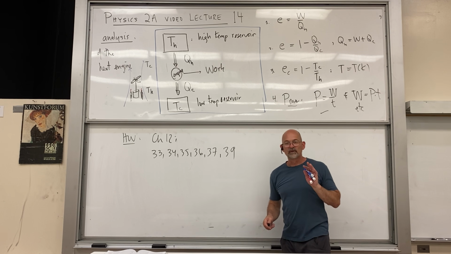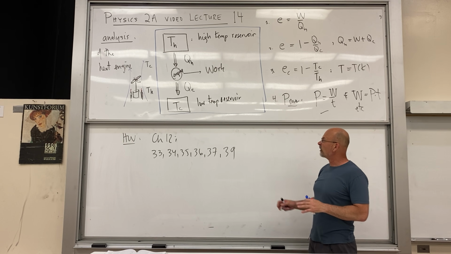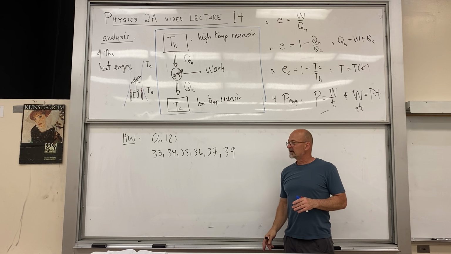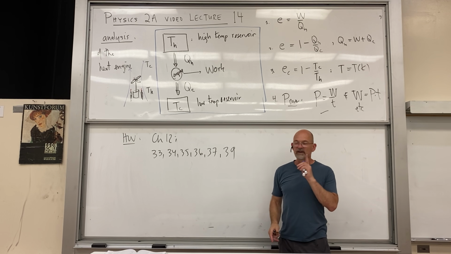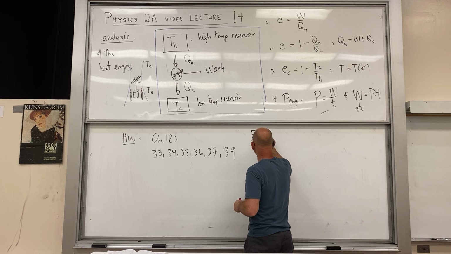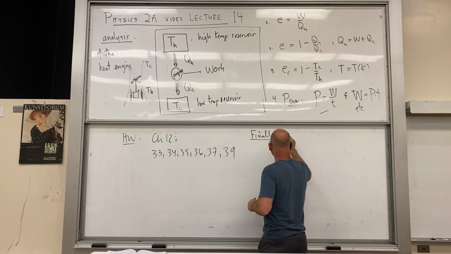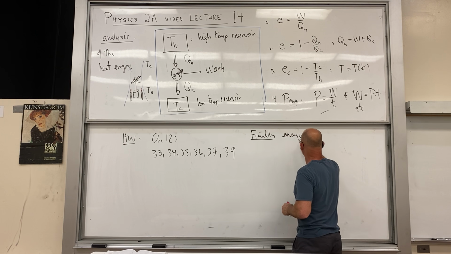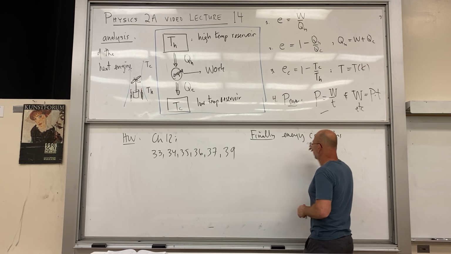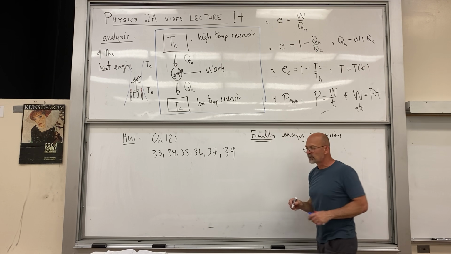Okay, before we stop, principally, we don't need to know more than what we have here to do the following type of energy conversion. So I'll write here, finally, energy conversions. I've probably discussed this before.